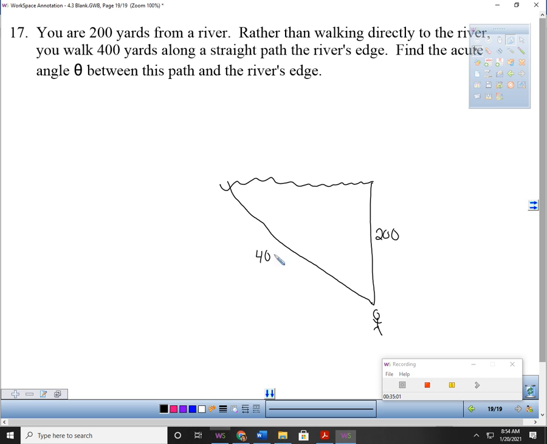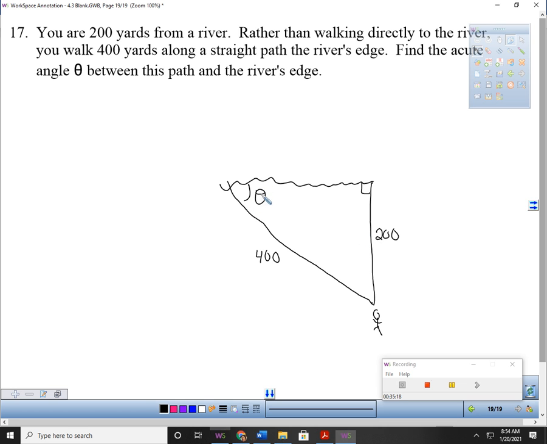This is 400 yards. So this would be my 90-degree angle, correct? Find the acute angle theta between this path and the river's edge. So this is the path, this is the river's edge, so I'm trying to find this right here.